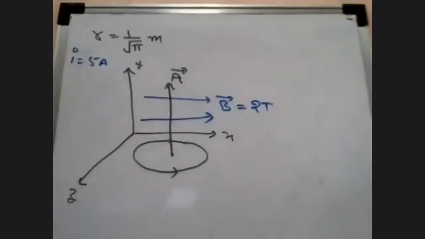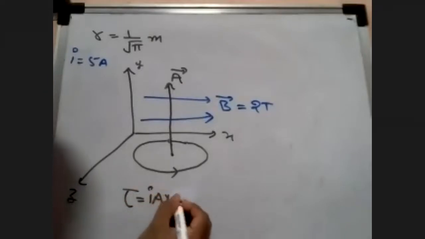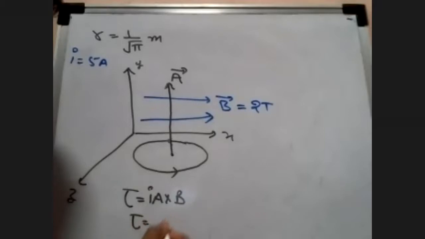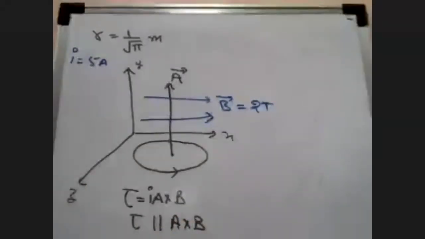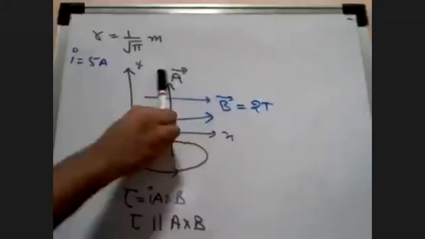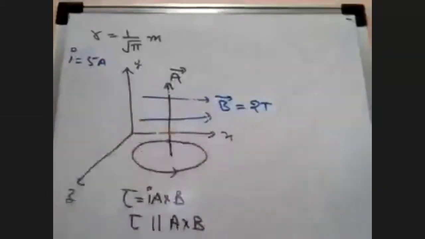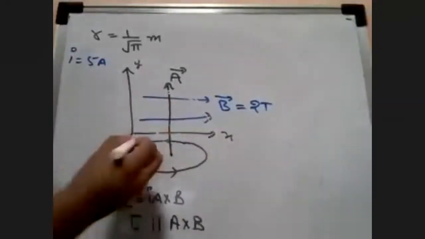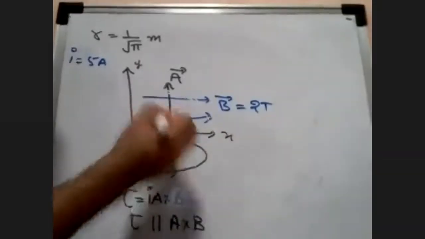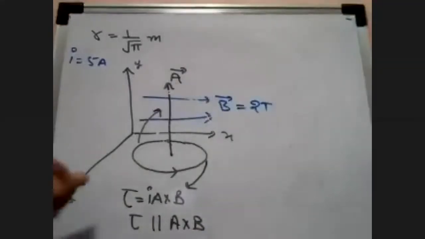I know the formula of torque: A cross B. The direction of torque is parallel to A cross B. If my area vector is here and the magnetic field is here, and the area vector goes towards the magnetic field, then my coil also will rotate in that direction only. My coil will rotate like this and this will come down like this.